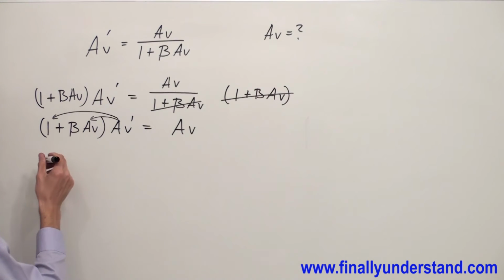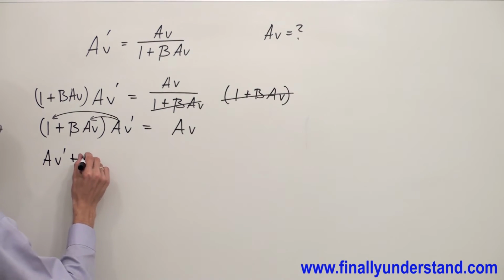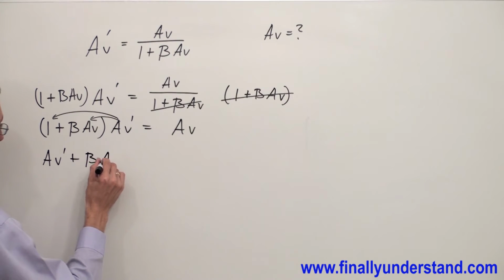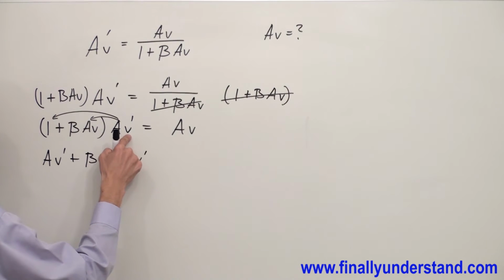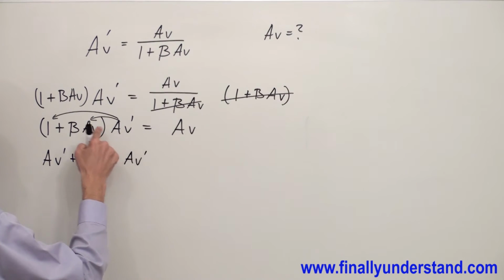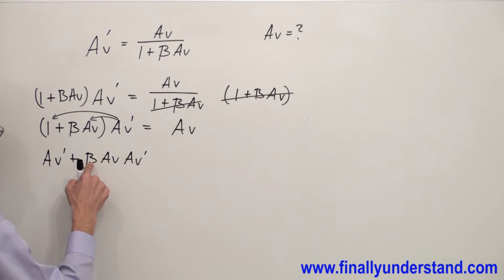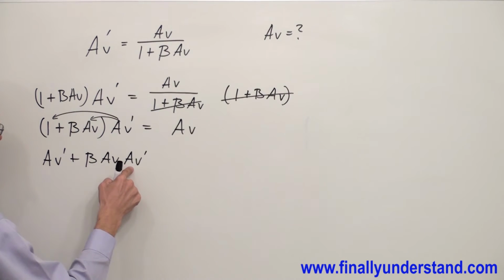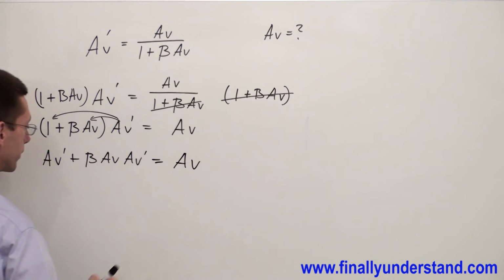AV prime times 1 is AV prime plus beta AV prime. AV prime is going to be multiplied by beta AV. That's why I'm going to get AV prime plus beta AV prime equals AV.